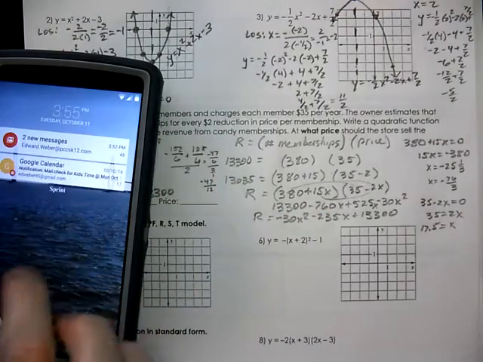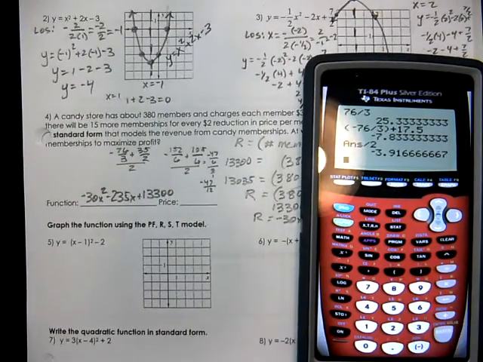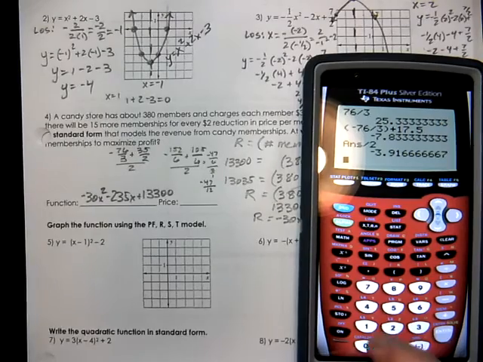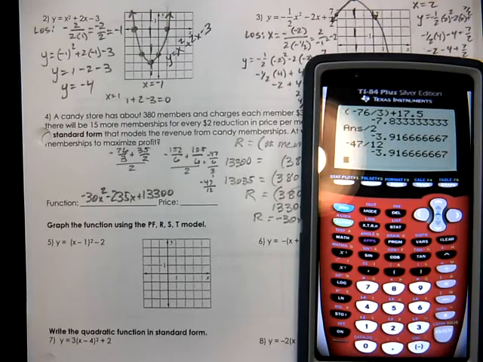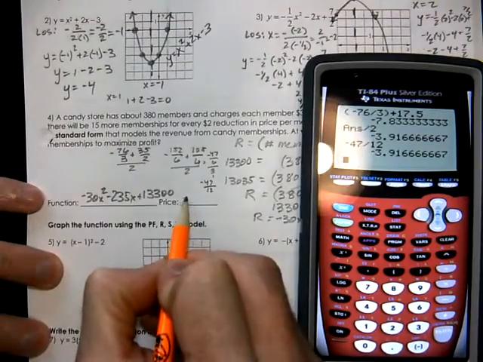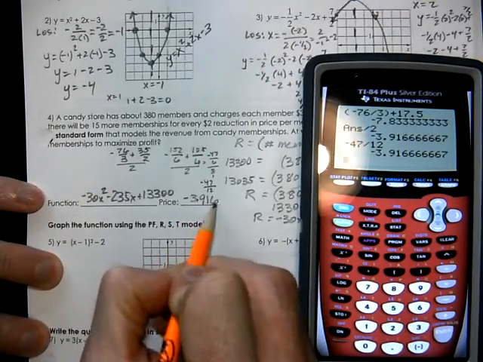Let's see if that's the same number I just came up with. So negative 47 divided by 12. Bingo. So that's negative 3.916.